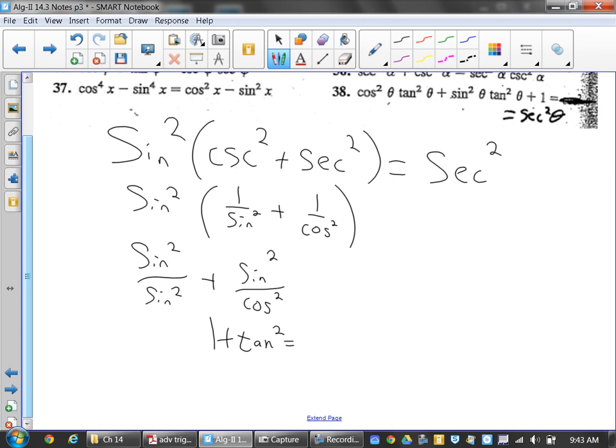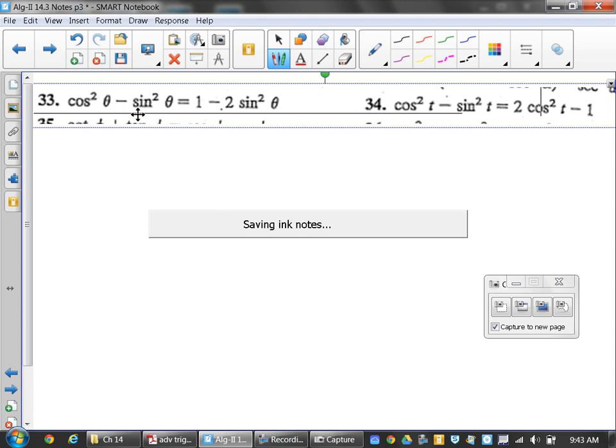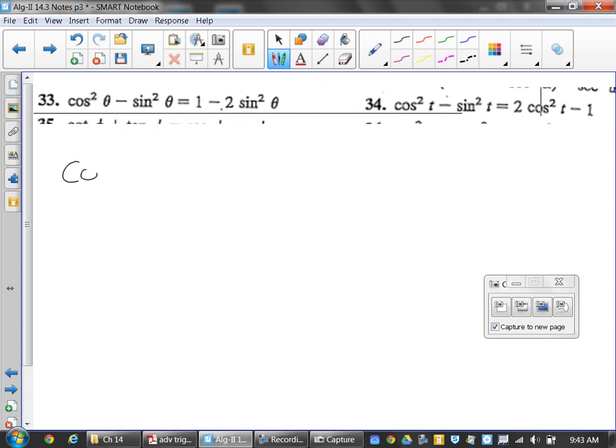33. So we want cosine squared minus sine squared to equal 1 minus 2 sine squared.